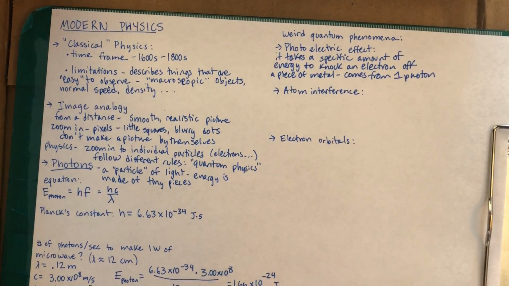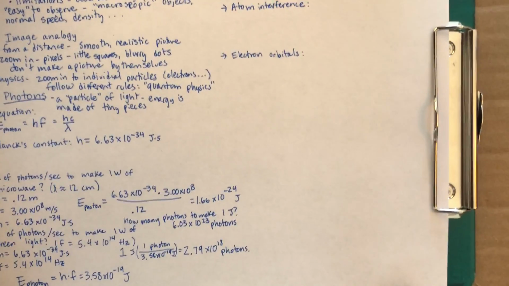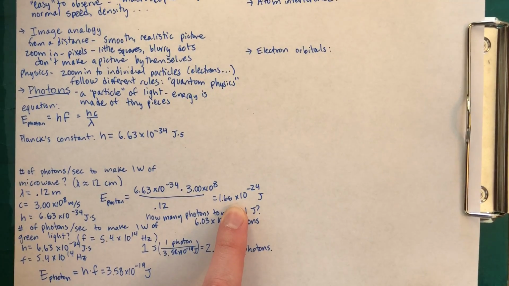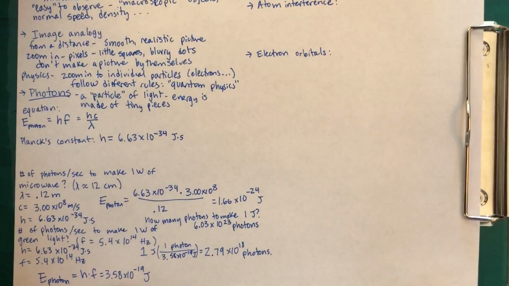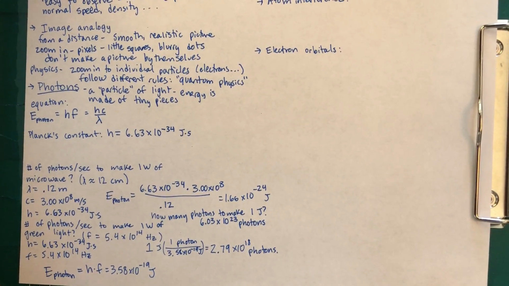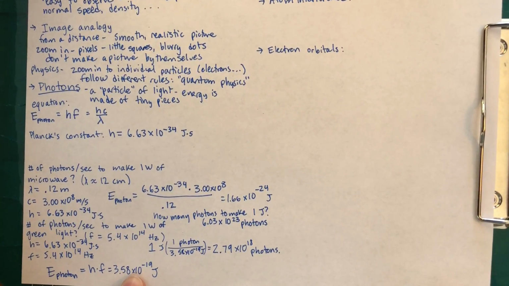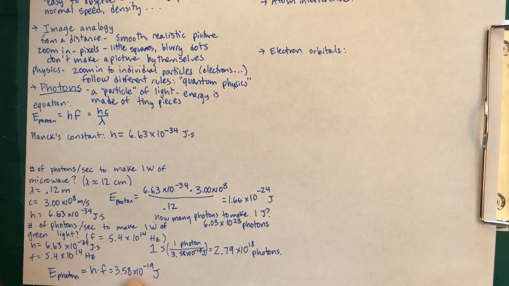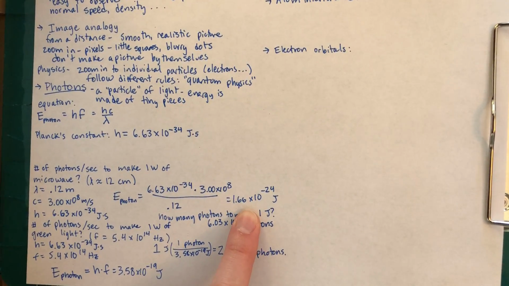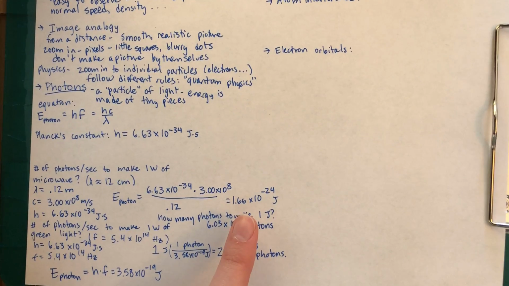So to take our microwave versus green light example, if this amount of energy is too small, but this amount of energy is big enough, then the green light will be able to knock off electrons from those atoms, even when the microwave is not able to.